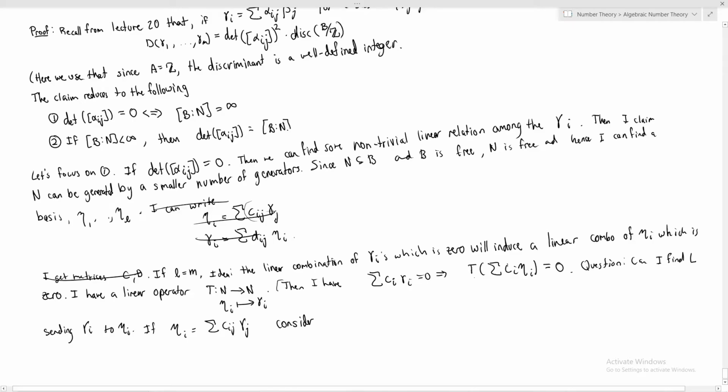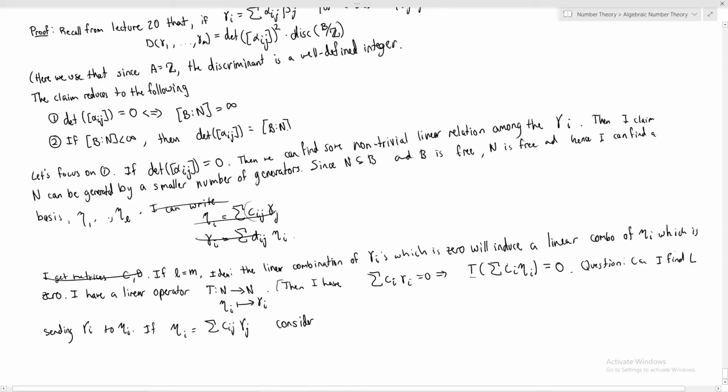I guess, what does this tell me? This tells me that T has non-trivial null space. Okay, maybe there's a different way. So T, alright, I can see that T is surjective and that T has a kernel.